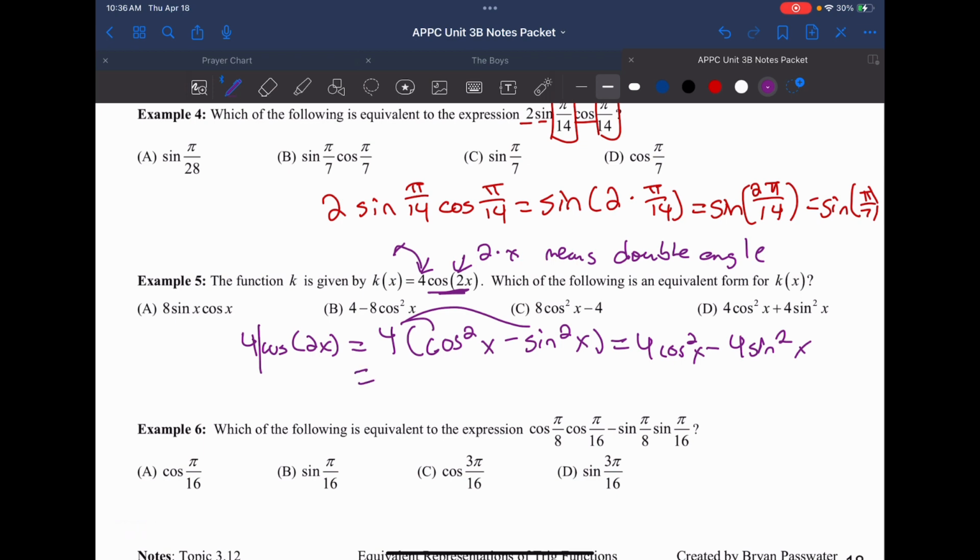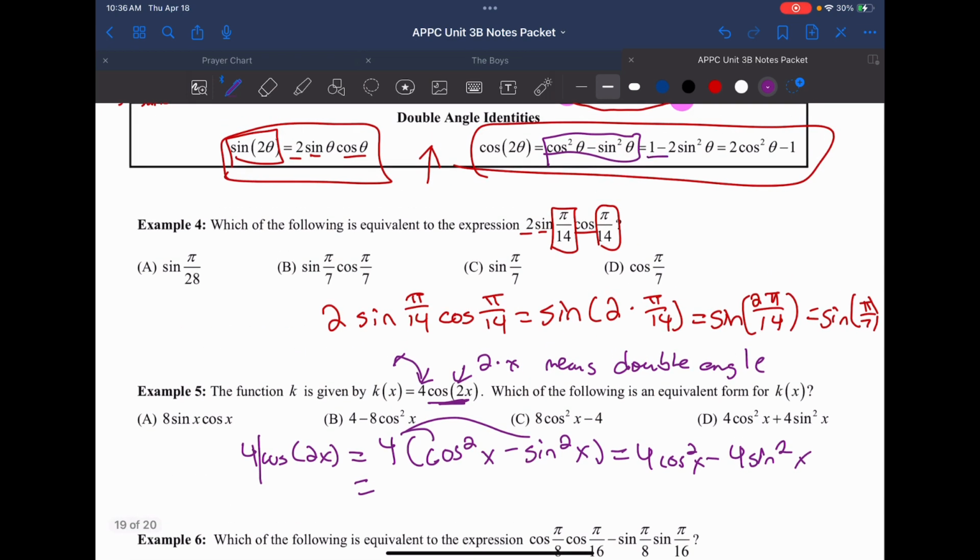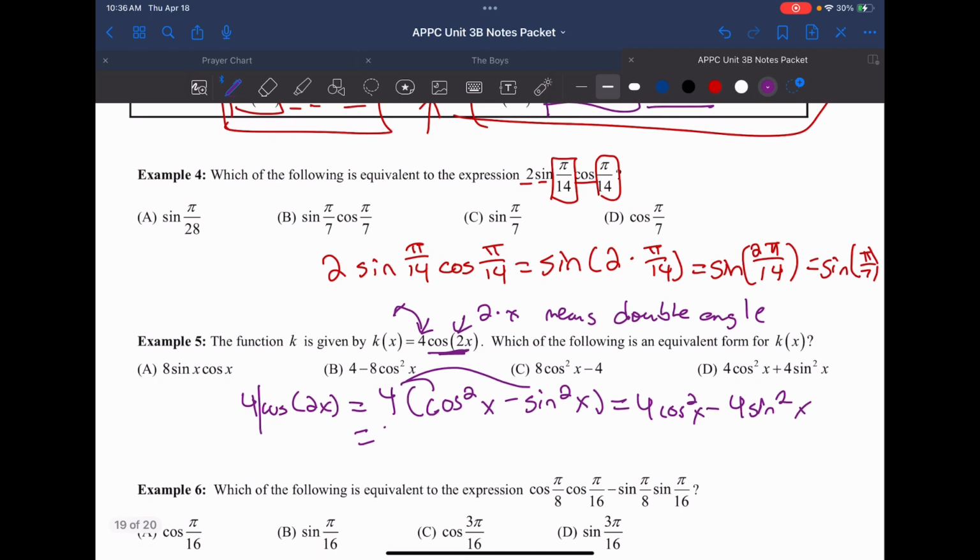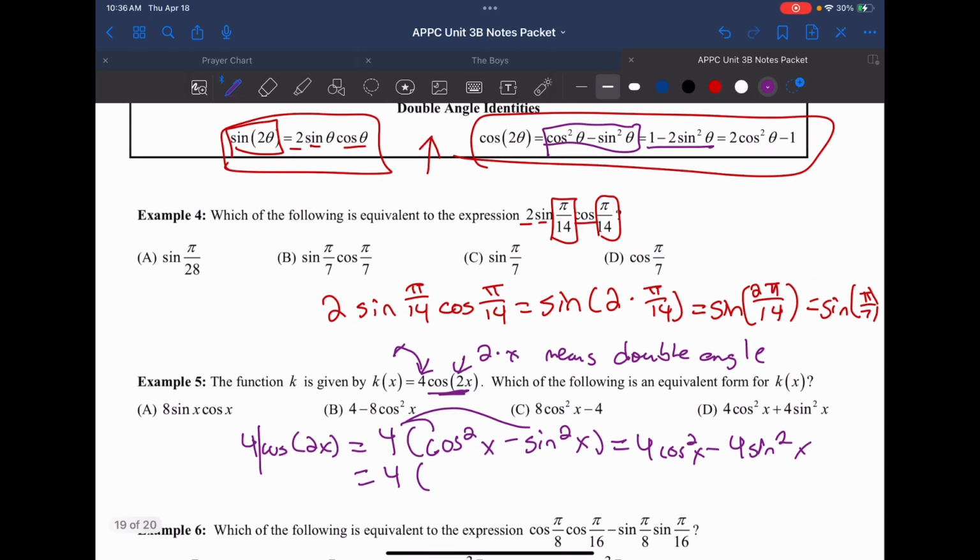So let's do the second version of the double angle formula. So 4 times 1 minus 2 sine squared. Distribute: 4 minus 8 sine squared x.